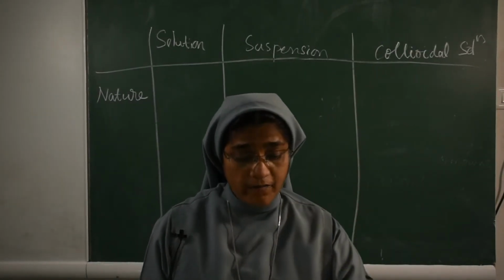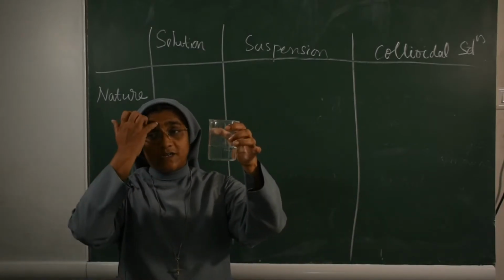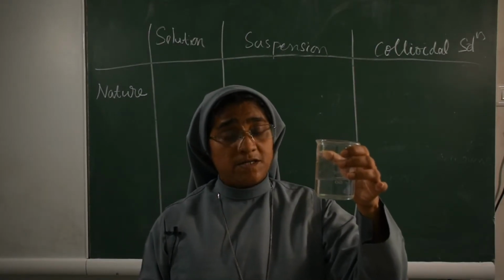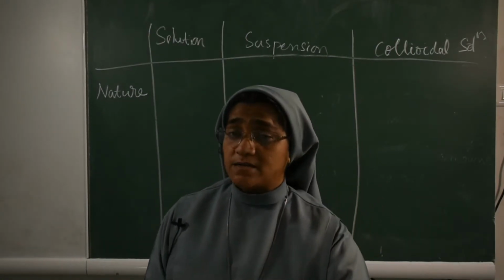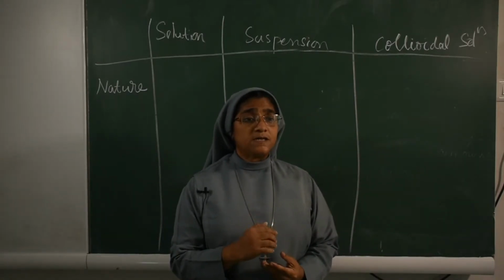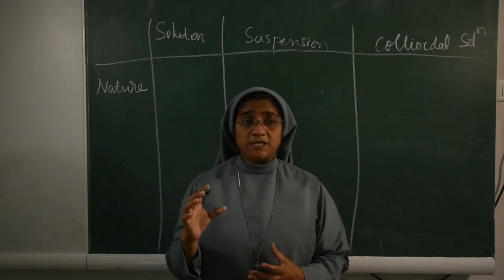We already made the salt solution in the beaker. So, what kind of mixture is the salt solution? That is a homogeneous mixture. In the previous class, you already learned about homogeneous and heterogeneous mixtures. There are 2 types of mixture.